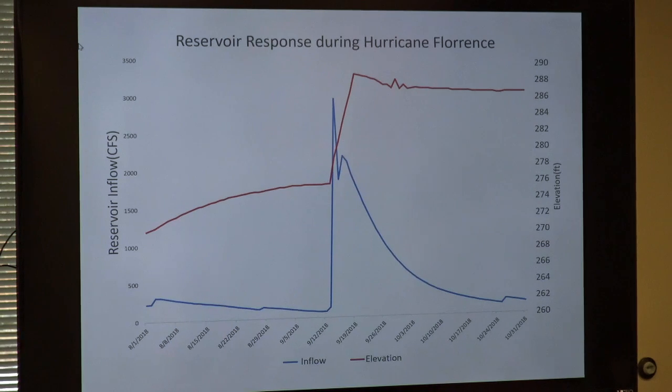And what you can see here is the reservoir inflow. The blue line at the bottom is the exact line I showed you before, which is inflow, and then how that has an impact on the reservoir elevation. With that kind of inflow, with that 10 inches of rain, there is a lag of a day there. We have to figure out what's happening right there.